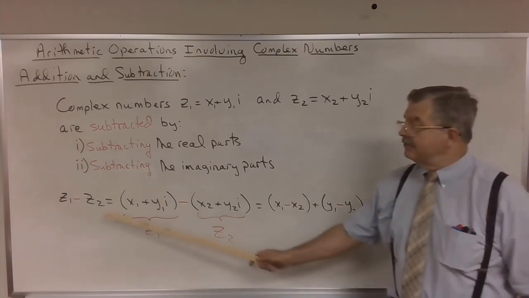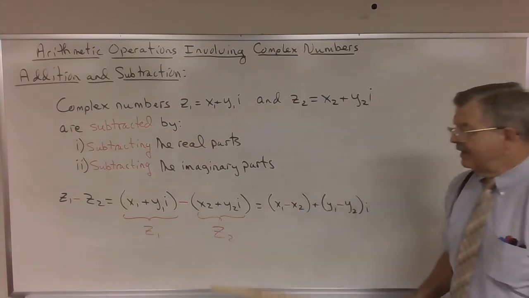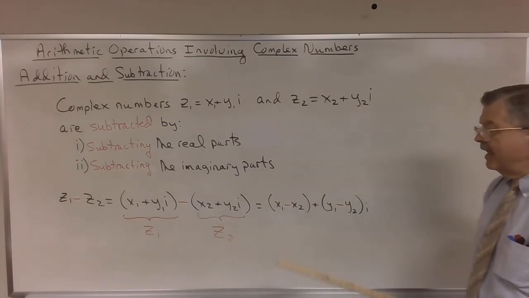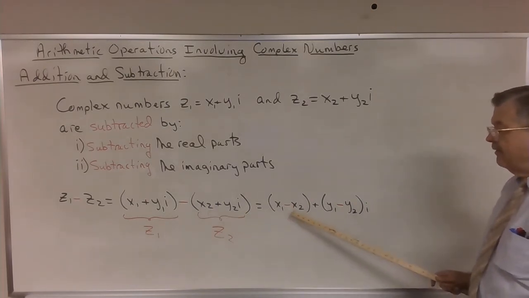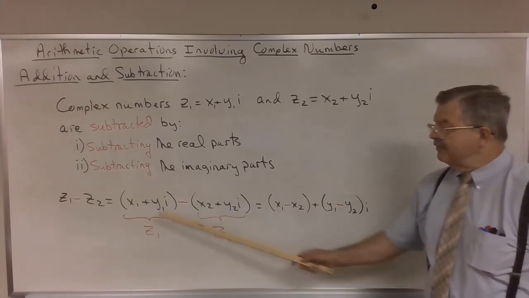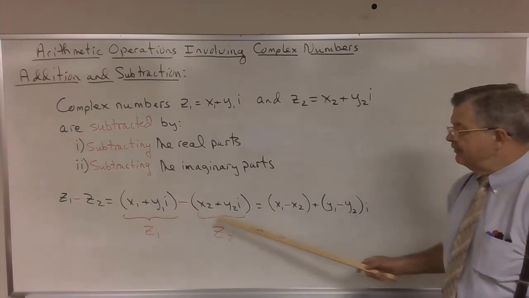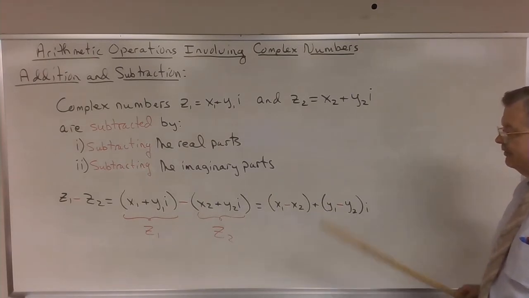So here in our example, we're subtracting z2 from z1. So here's z2, here's z1, and we subtract the real part of z2, which is x2, from the real part of z1, which is x1. So real part of z1 minus real part of z2, the difference of the real parts.